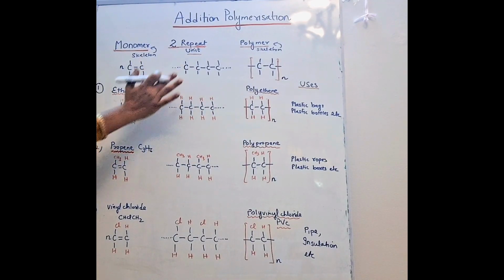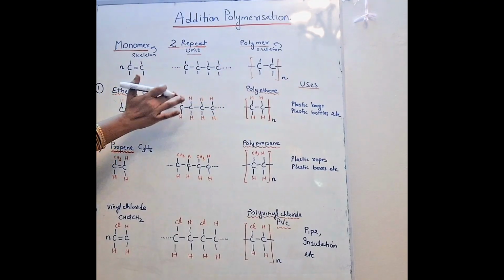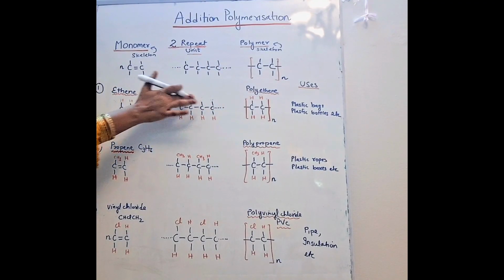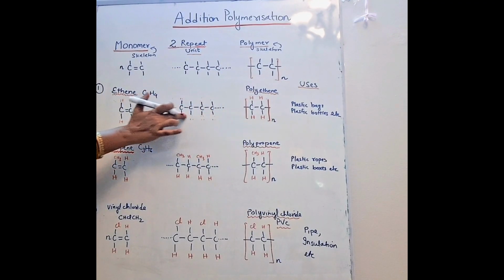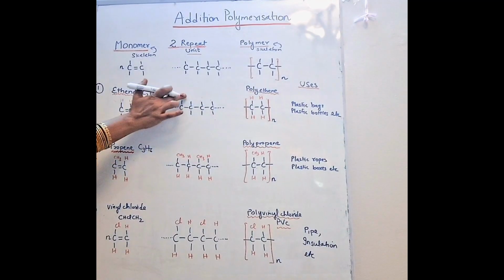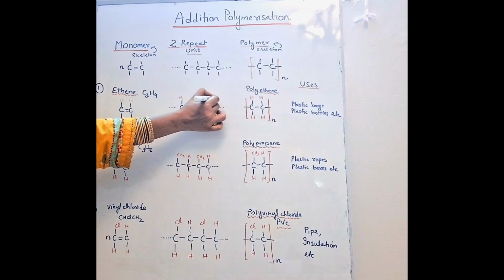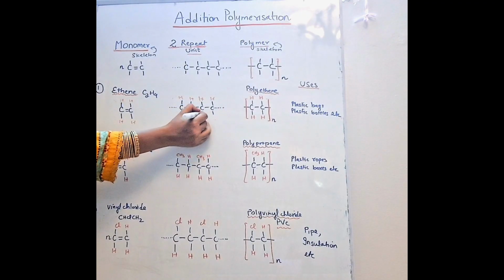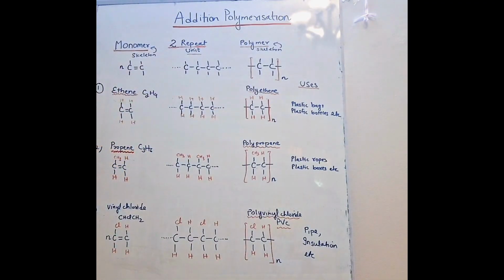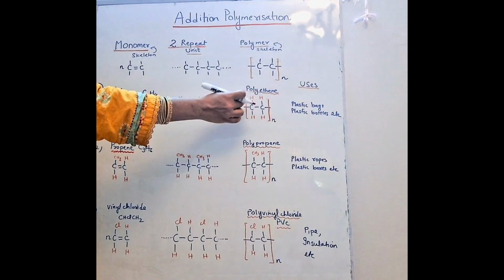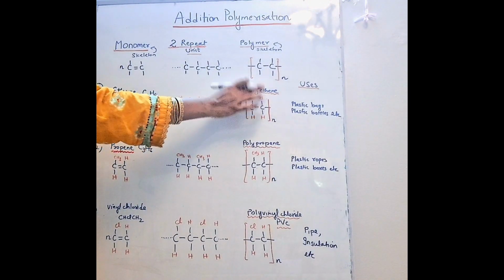If you can see, it is the same thing, but I just added hydrogen here and here. This is the skeleton of the repeat unit. You just add hydrogen because now we are doing specifically ethene. So this is the repeat unit of ethene. I hope you are understanding. Now in the polyethene structure, you see what I did exactly.